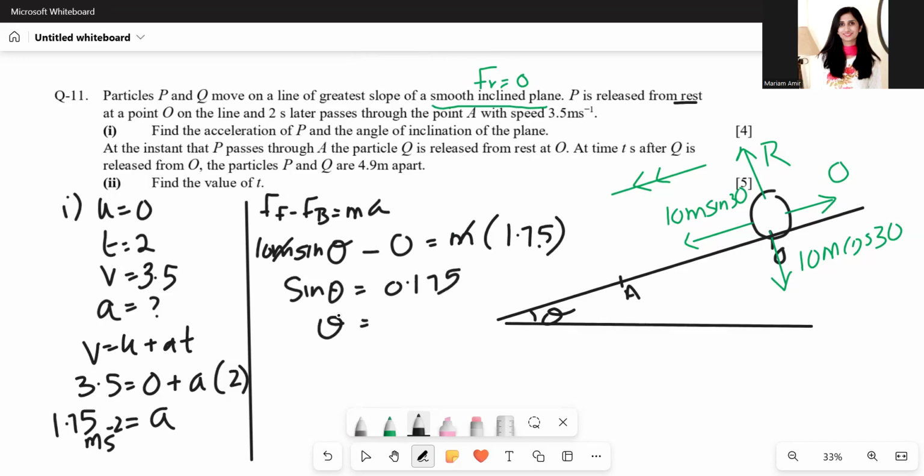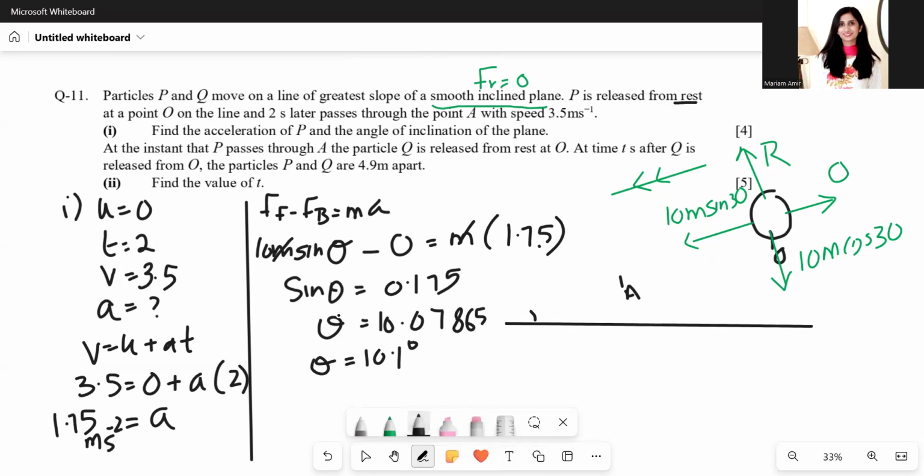And theta would be equal to sine inverse of this, which is 10.07865. Correct to one decimal place, it's going to be 10.1. So this angle here is 10.07865 degrees.